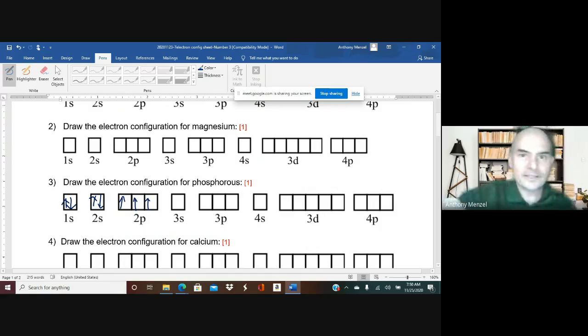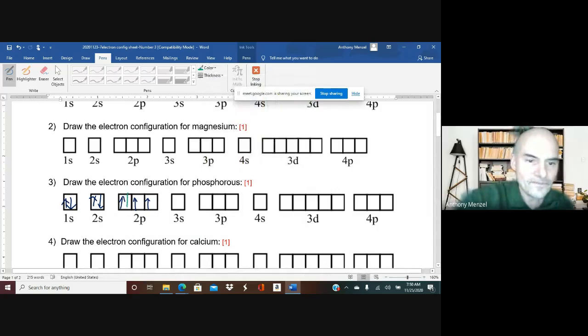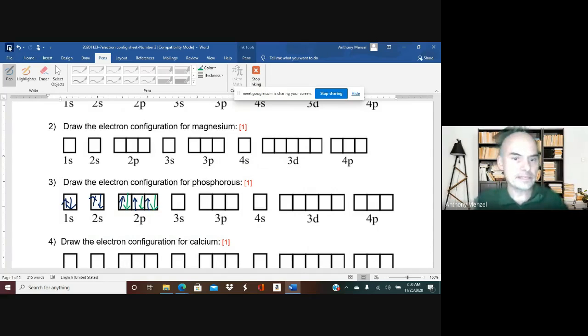However, we represent that filling with down arrows, and the filling is done after all of the up arrows are in place. So at this point, you have 2, 4, 6, 8, 10. We need 5 more to make the 15 electrons for phosphorus.